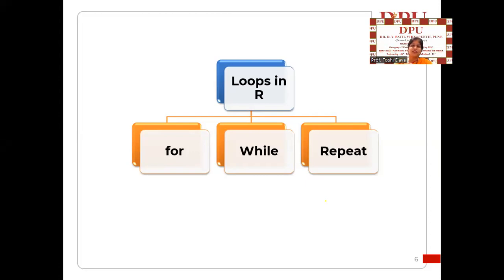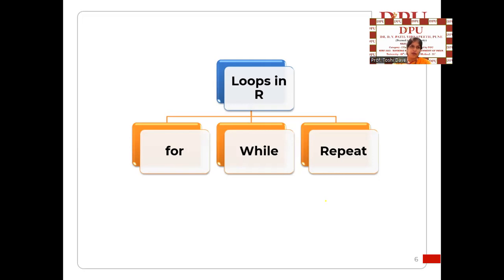Clear? So again, conditions you had seen in conditional statements like if else, ladder if else, and the last was nested if. Next, you will see conditions in loops also, because loops provide you iterations, loops provide you repetition. To stop that repetition, again you have to impose a condition.